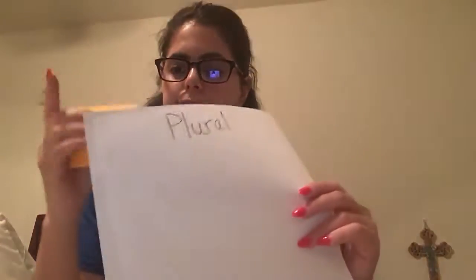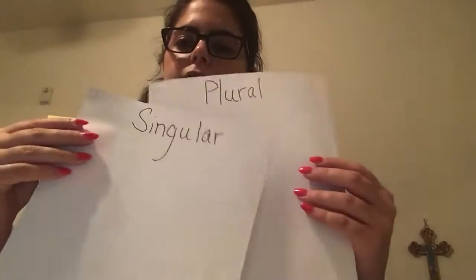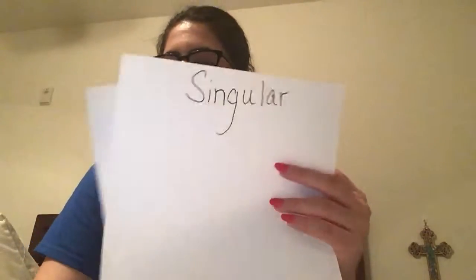One has the singular words, and one has the plural words. So I will let them tell me, like cat, where we have to put cat. We have only one cat, so we have to add it under the singular. So we will stick the cat under the singular, and the same with the plural words. And later I will let them give me more examples to make sure that they understand the lesson before we end the lesson.